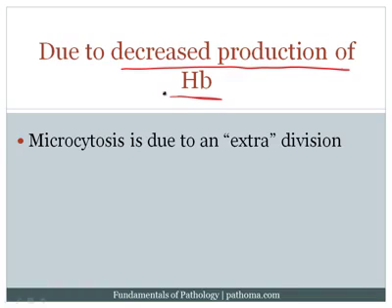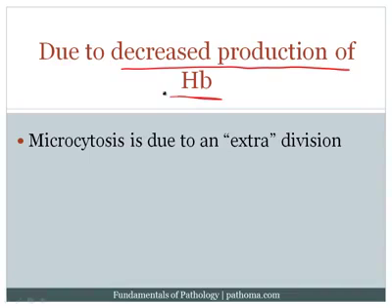Now, as the red blood cells are developing, if there is not enough hemoglobin, one way by which the red blood cells can try to maintain the concentration of hemoglobin within the red blood cell would be to divide one extra time. Another way to think about this is that it is as if the red blood cell is trying to produce a nice, pretty, red, pink cell. And if there is not enough hemoglobin, there will not be enough pink in the cell, and so the red blood cell will divide one extra time in order to try to maintain its color, i.e.